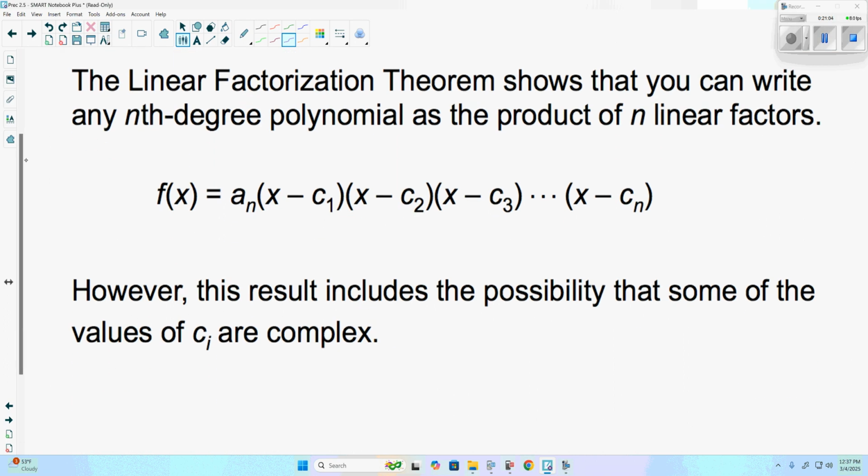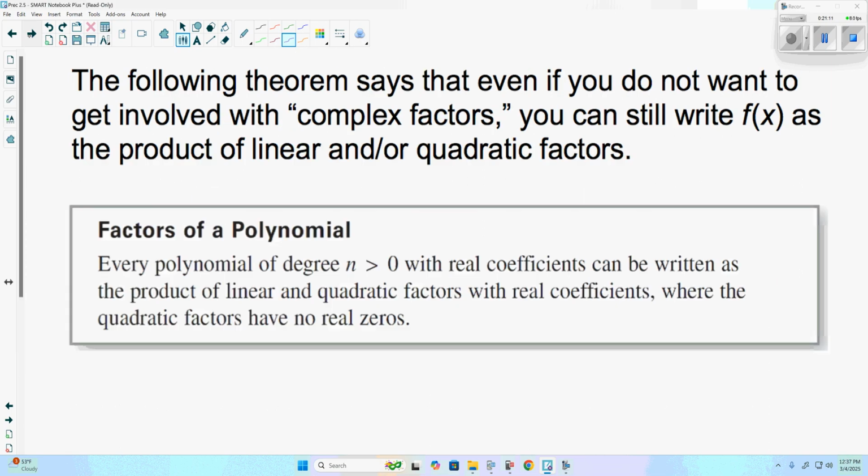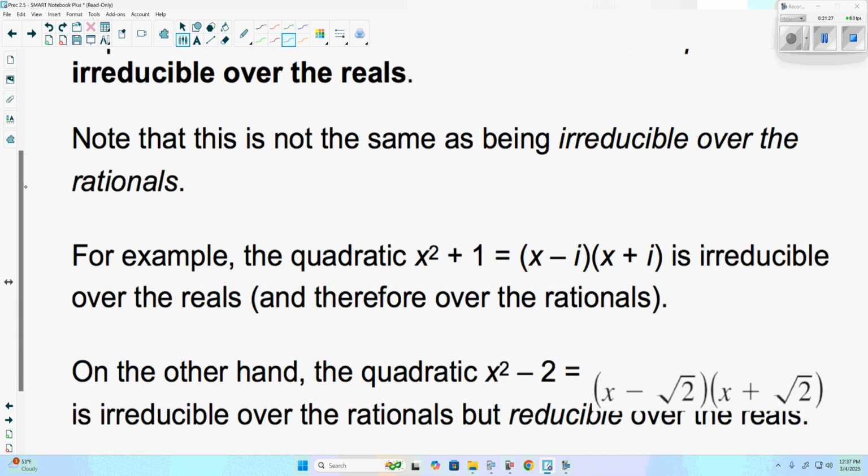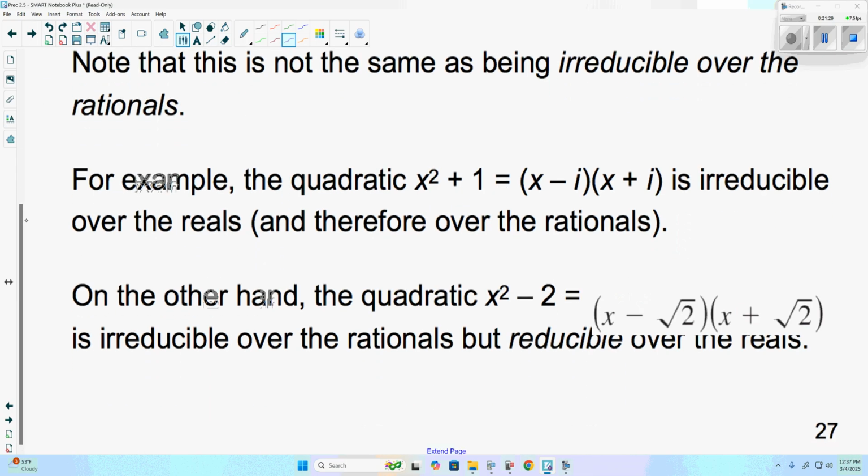The linear factorization theorem shows that you can write any nth degree polynomial as a product of n linear factors. And it includes complex numbers. So every polynomial of degree n greater than 0 with real coefficients can be written as a product of linear factors, where some of the quadratic factors have no real zeros, which we've kind of gone over so far.